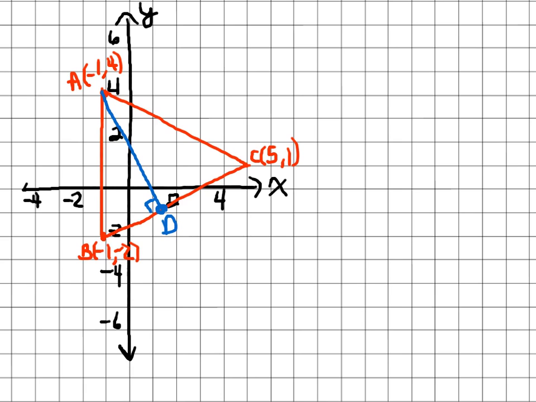So now, if you want, it is your turn. So what I'm going to do is ask you to pause the video and try to determine the equation of the altitude and the length of the altitude from vertex B. So I don't know if that's perpendicular or not. It doesn't look very perpendicular, but it's essentially this line here.